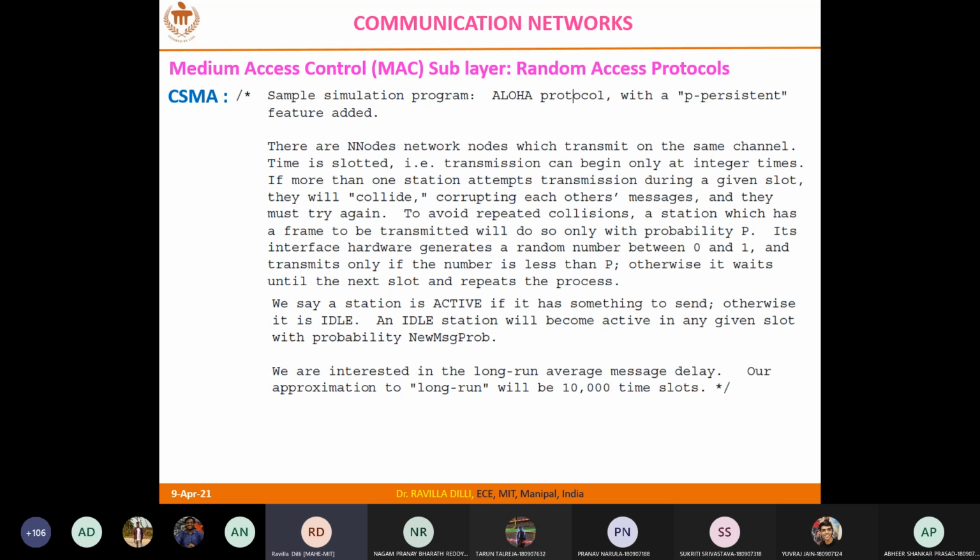And I am keeping this slide because it's not a big deal to program these protocols. This is a sample program to simulate the protocol and understand its performance. Here it's a combination: you can see the Aloha protocol with P persistent.